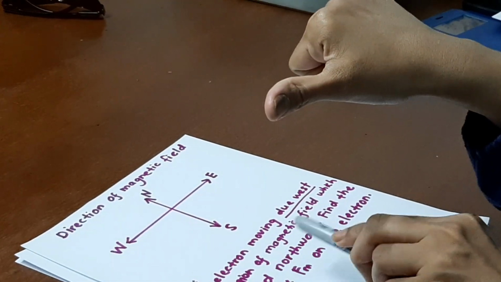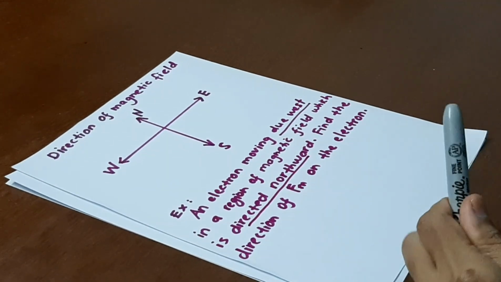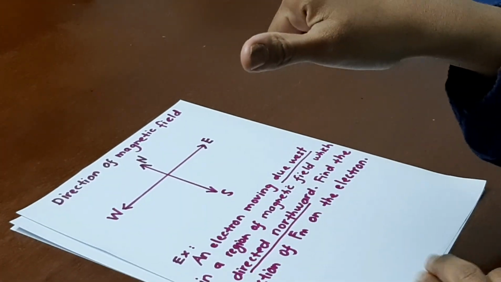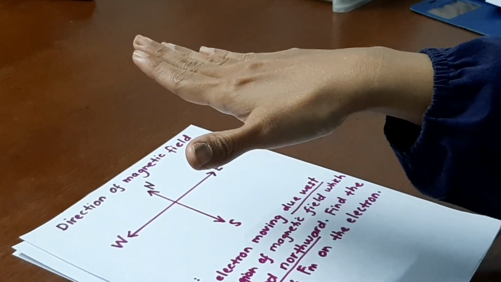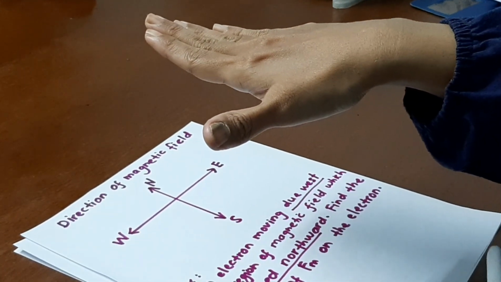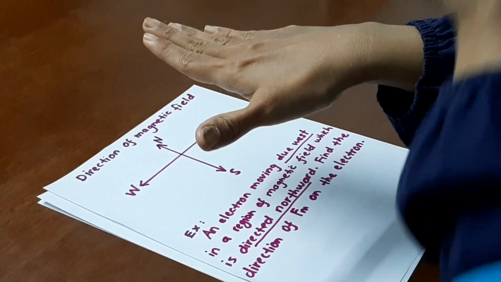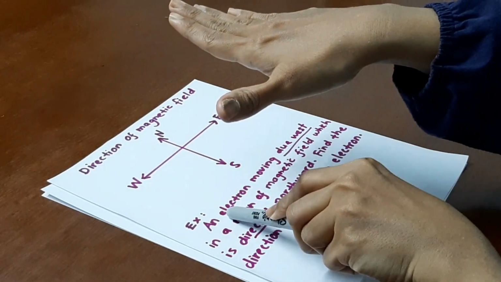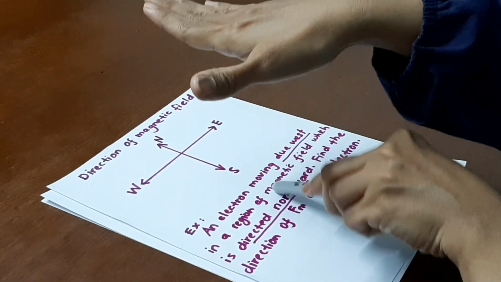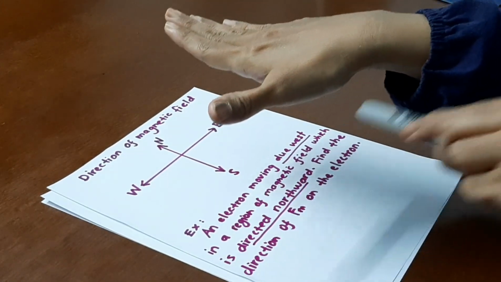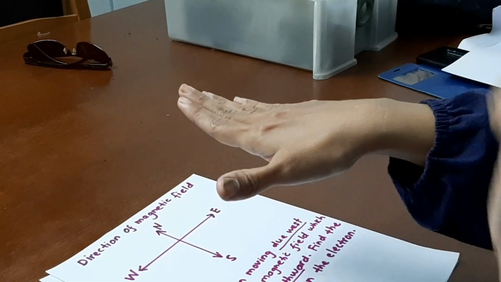The magnetic field is directed northward, so your four fingers must be directed to the north. What is the direction of the magnetic force on the electron? It will be upward, because it is an electron. If you say downward, that refers to a proton. For an electron, it will be in the reverse direction, that is upward.